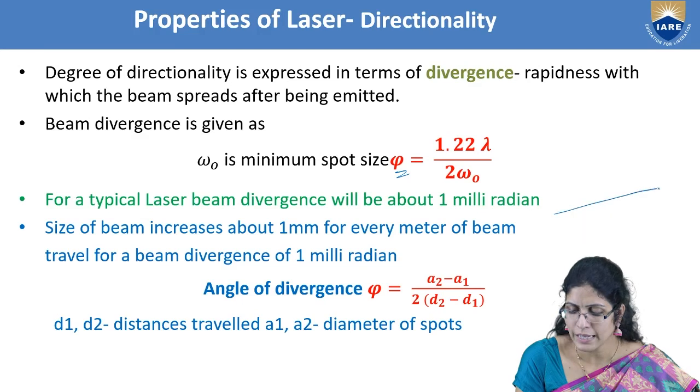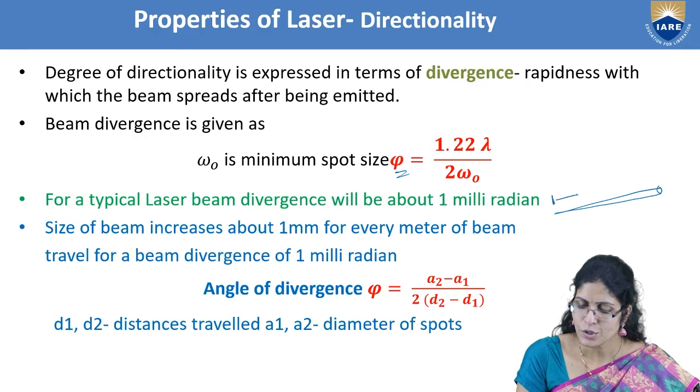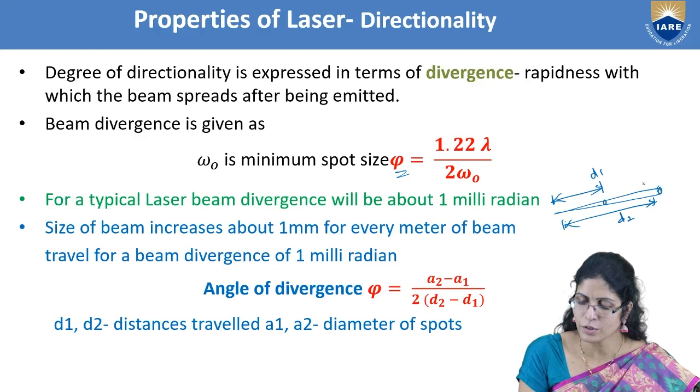For suppose, when I showed you in my previous slide, it was like this. If I take from here to here the distance traveled as d1 and from here to here the distance traveled as d2, the spot sizes will be different. At d1 the spot size is like this, whereas at d2 distance the spot size has become a bit larger, like this.